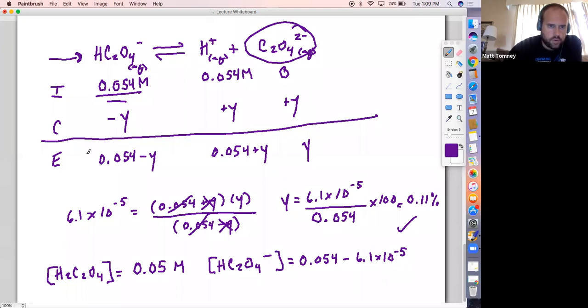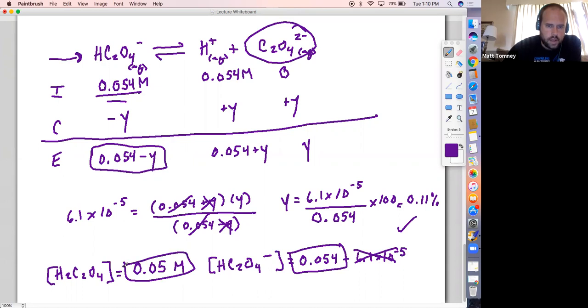Okay, now that comes from right here. At equilibrium, we have this value. All right, now this value, if you take a look at this, 0.054, we just said that it's only 0.11%. So that means that this value is so small that when I subtract it from 0.054, it's going to drop out. I'm just going to get this back. So this is the concentration of the monoprotic conjugate.